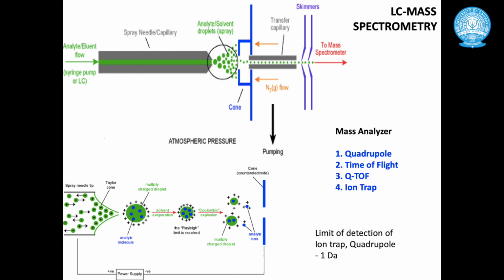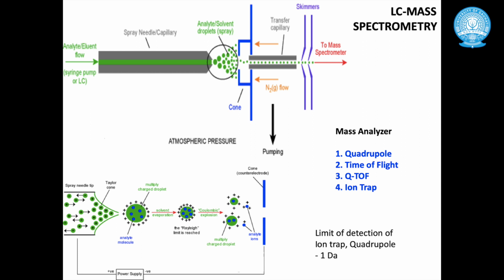When it reaches the Rayleigh limit, there is repulsion between the charge of the analyte and the charge on the droplet, and this is how the droplets burst, leading to release of the analytes. So this is all about the principle being used in a mass spectrometry instrument.